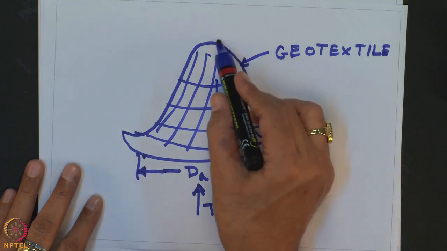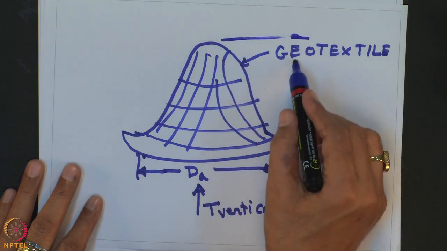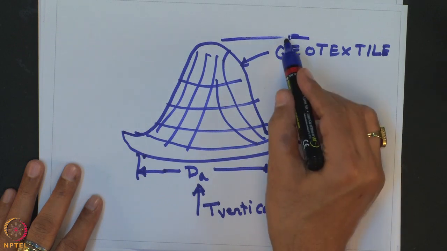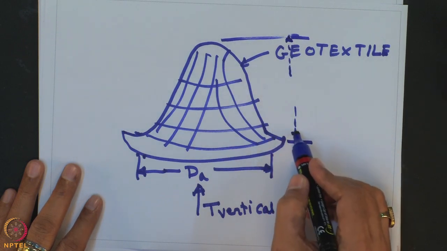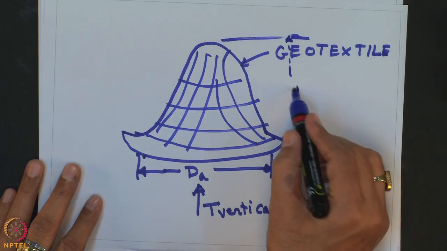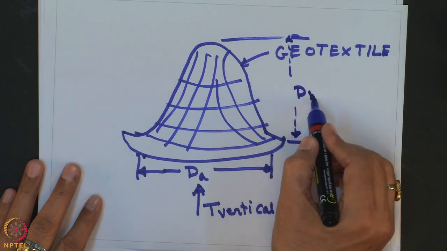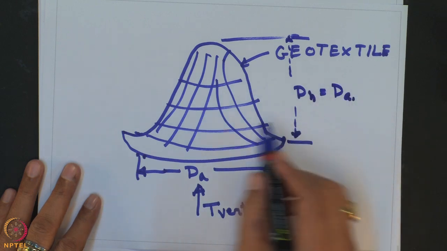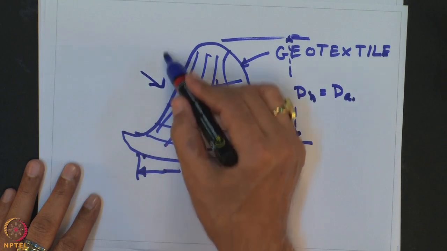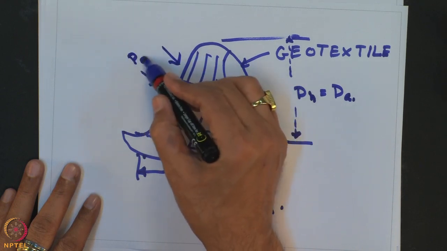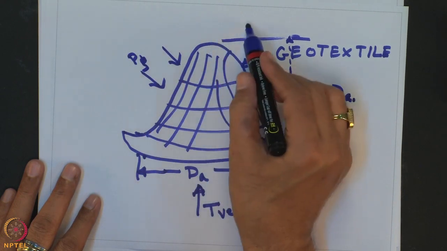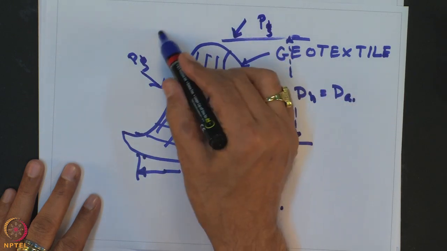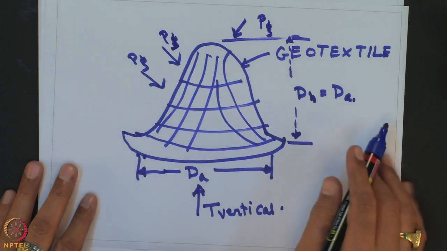And this distance from here to here, dH, is equal to dA. And this is P of G.